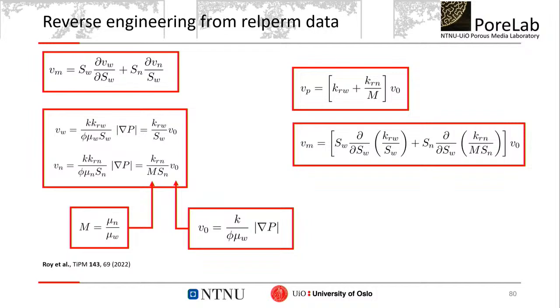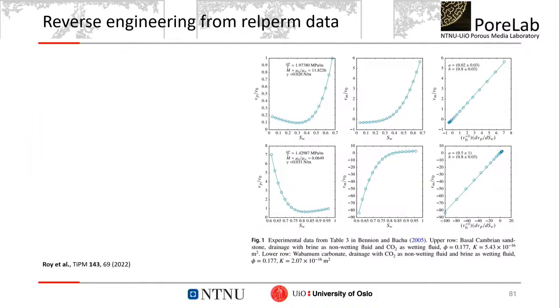And then you go into the literature, you simply find Vp as a function of saturation, using relative permeability data. Here is the co-moving velocity now as a function of saturation, but here it is as a function of the flow derivative, dVp/dS.